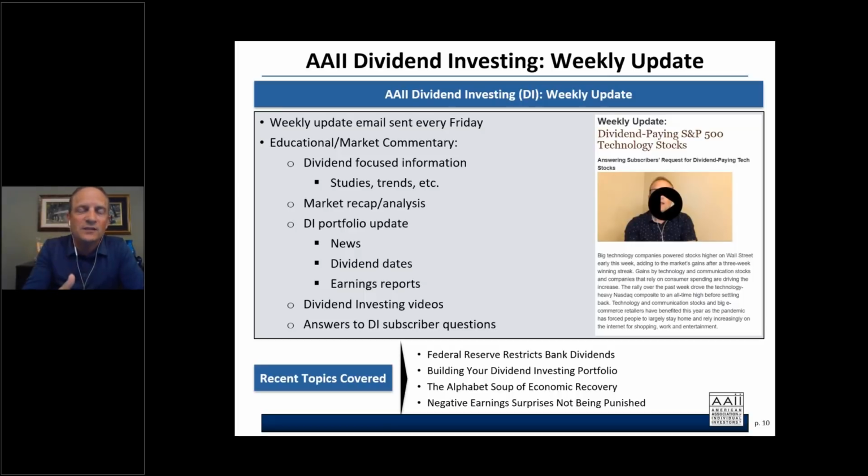If a dividend has been declared, we're very clear about that. We announce that to all the subscribers. We also identify the record date, and then of course the ex-dividend date, so that subscribers can make sure that if they want to receive the dividend payment from that company, they own the stock at that time.